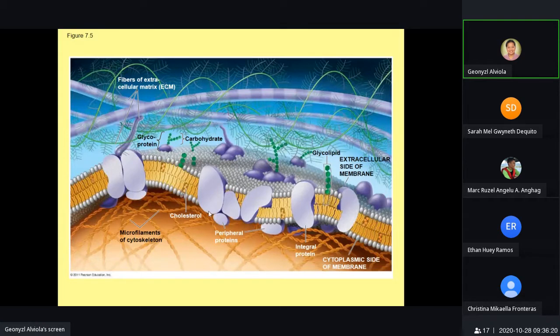And the proteins that attach only to the surface are peripheral proteins. And the proteins that contain a carbohydrate, we have the glycoprotein, and a compound that attaches a carbohydrate to the phospholipid is called glycolipid. Okay, yun yung mga terms.